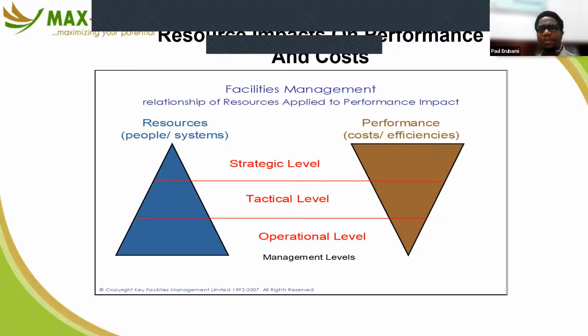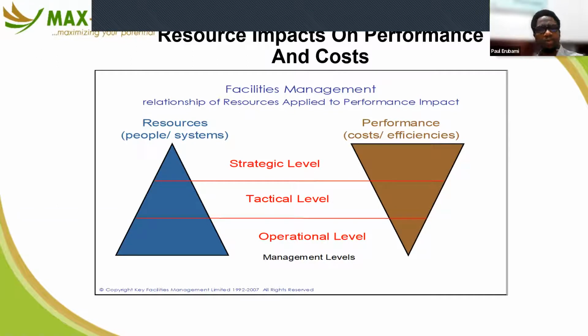They're the ones that take place at the operational level. So in essence, all the doing takes place at the operational level.